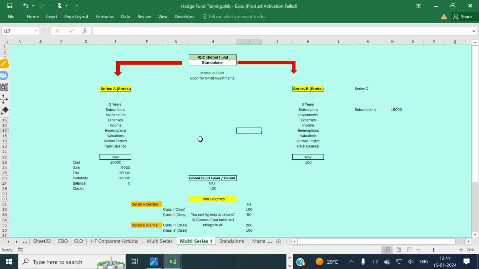This was all about standalone series. Question: in closed-end funds, do they create a series and then merge? Are they allowed to do that? No, they directly redeem it, and it doesn't make any sense to merge. In a mutual fund or unitized fund, you can merge it because those are mostly open-ended funds.